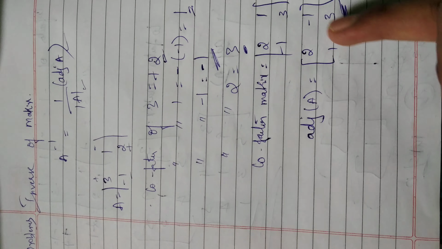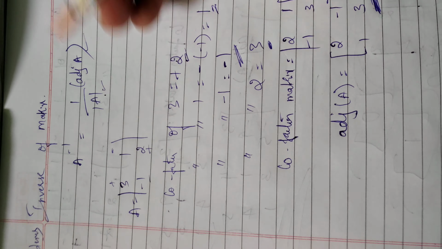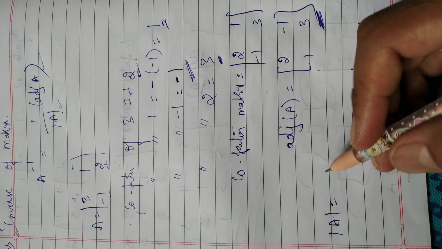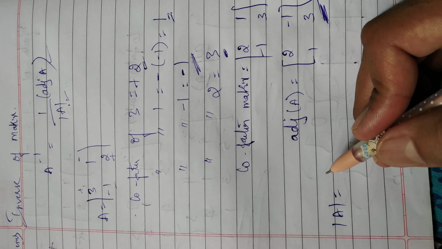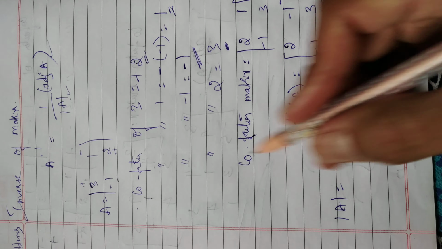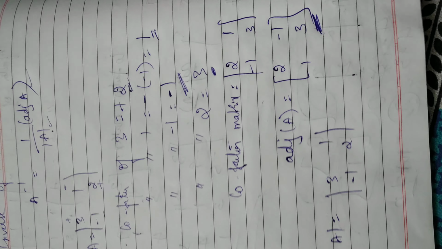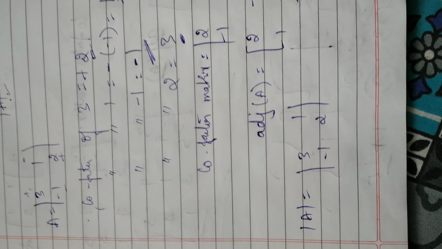Now we are supposed to find the determinant of the matrix A. Let me rewrite this once again, so it will be easy for you to understand. The signs here are plus and minus.